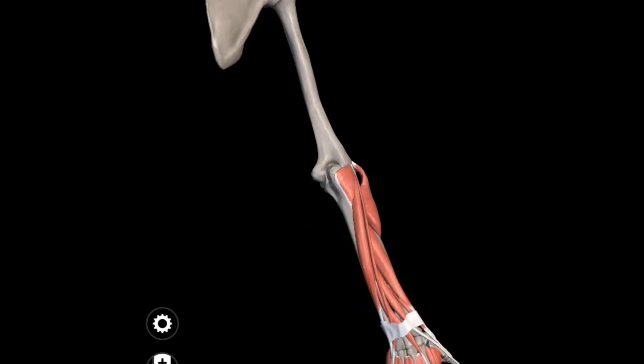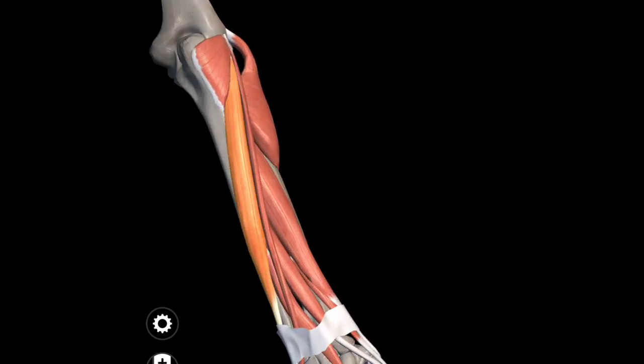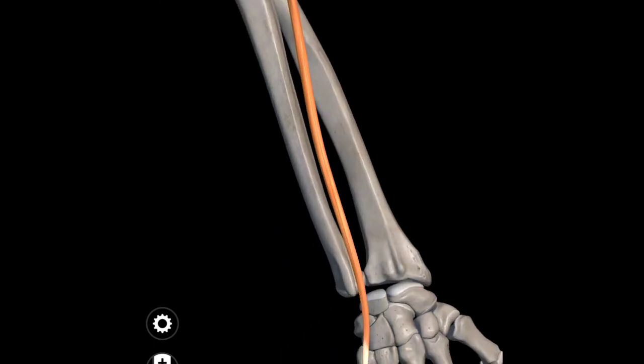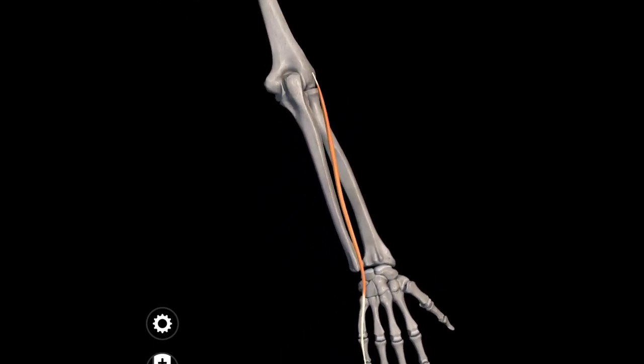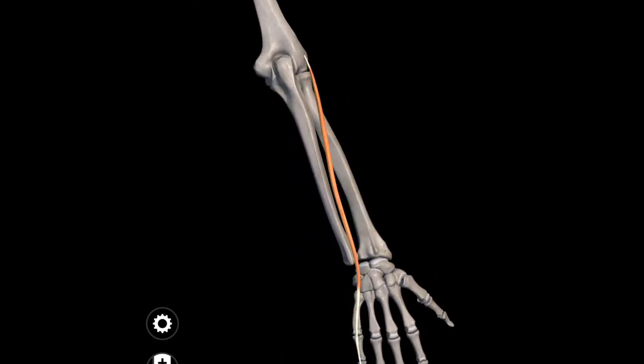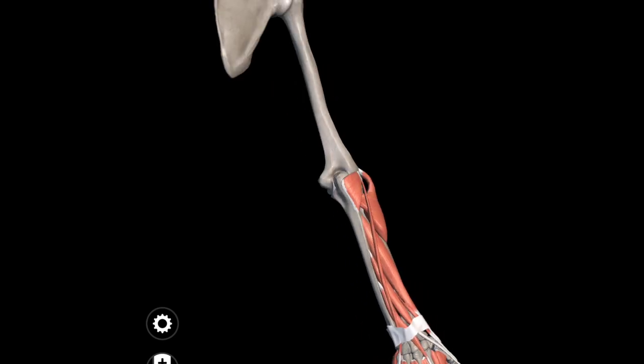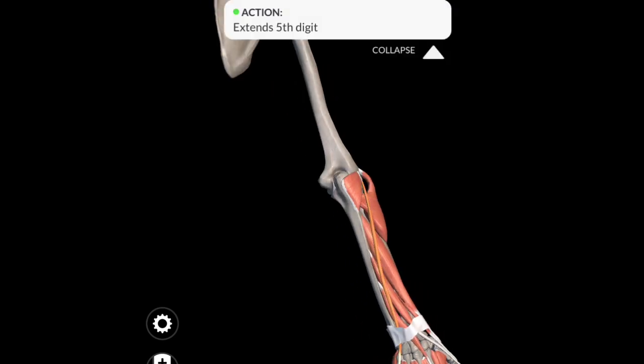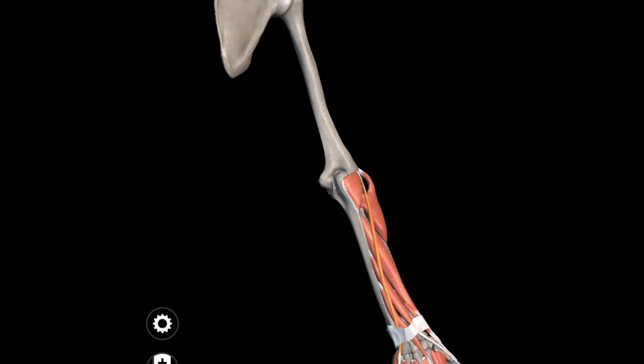That's why it is called extensor carpi ulnaris. Okay. Now remove this and here you can see extensor digiti minimi. So this is extensor digiti minimi. Okay. Now we will remove this. This is also supplied by the posterior interosseous branch of the radial nerve.